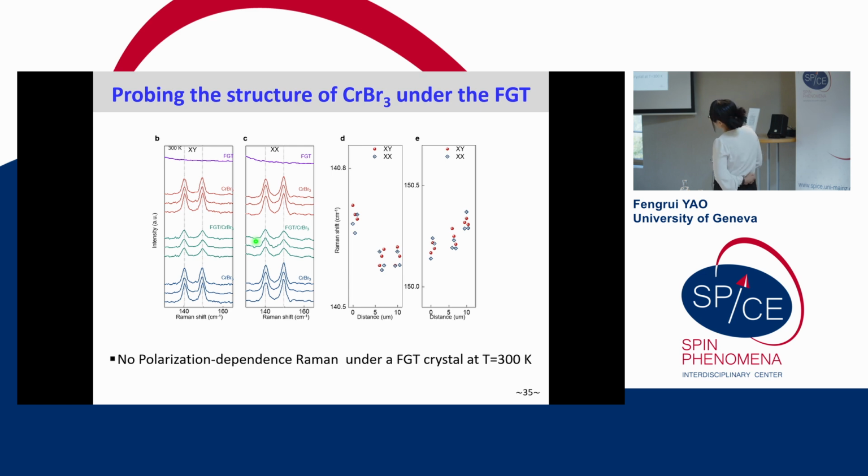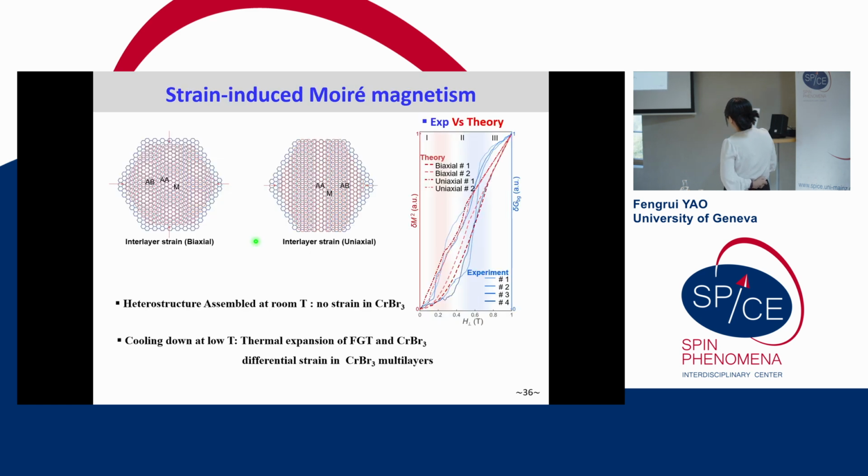So what's the mechanism why FGT can induce this moiré magnetism of chromium bromide? Our picture is, since this heterostructure is assembled at room temperature, basically at room temperature there will be no strain in chromium bromide, and when you're cooling down the temperature, because there is a strong different thermal expansion of FGT and chromium bromide, the chromium bromide layers close to FGT will follow the trend of FGT.